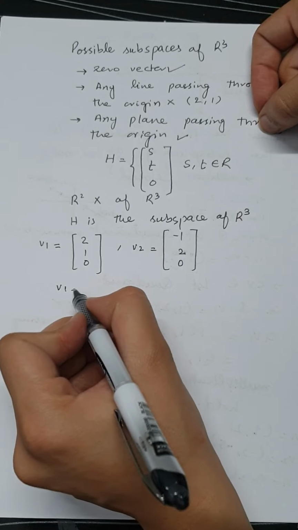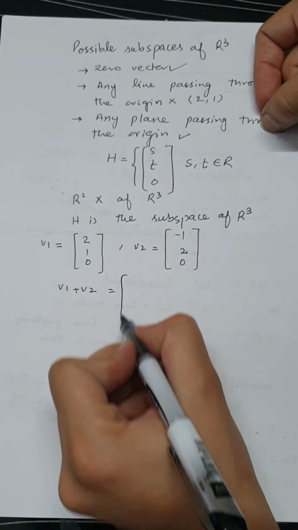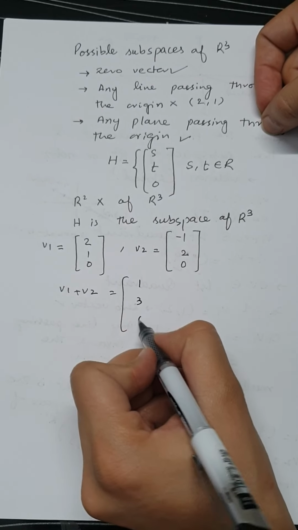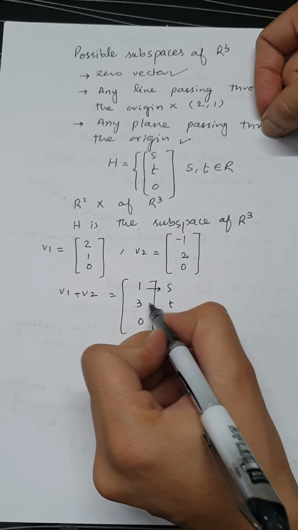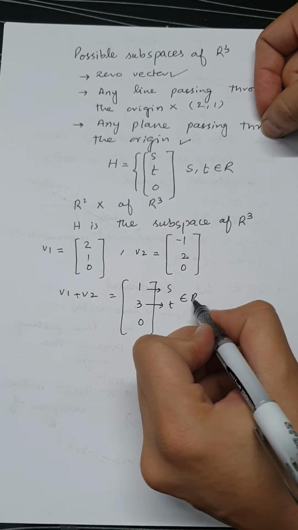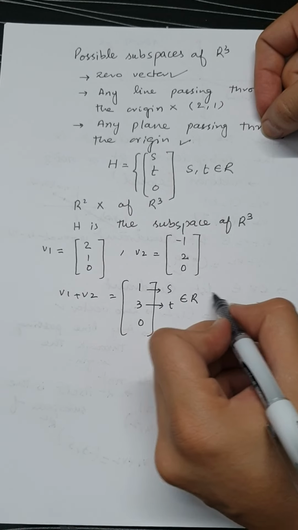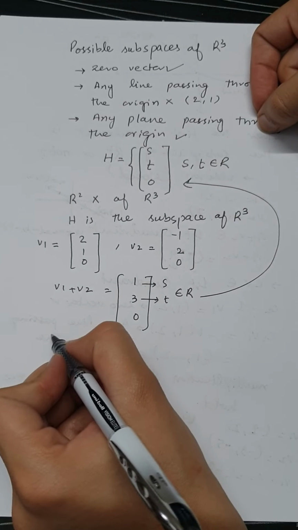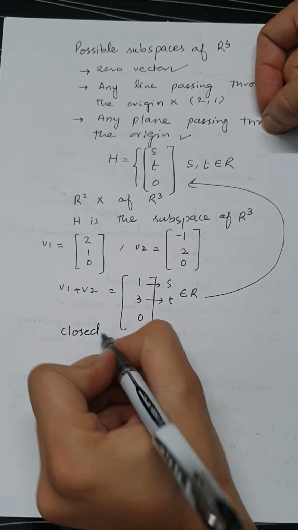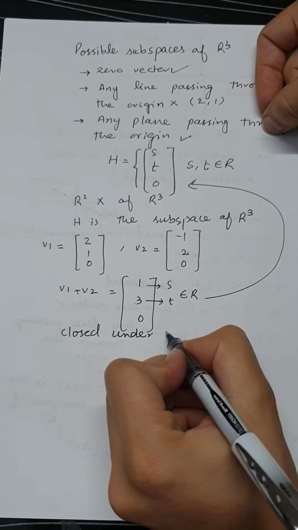If I add v1 plus v2, the resultant will be (1, 3, 0). Again, s and t belong to real numbers, and they have generated a vector that can be represented through the vector h. So it is closed under addition.